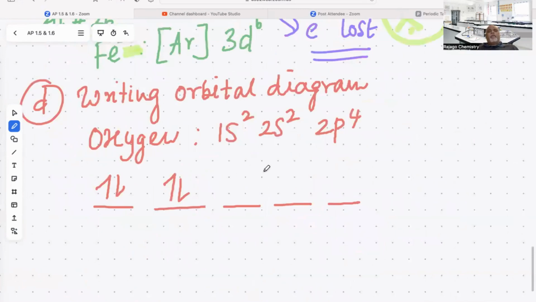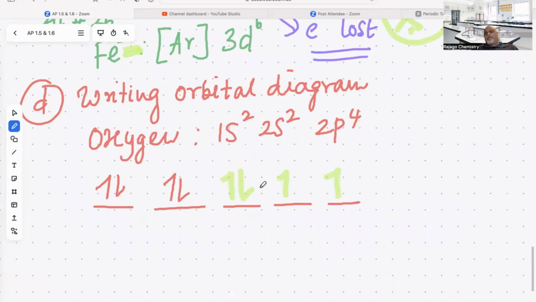And also writing orbital diagrams. When electrons occupy orbitals, they always try to maintain freedom. So for 1s2, 2s2, when they are added, the first electrons go and take individual pockets. When there is no other space, they come and pair up.